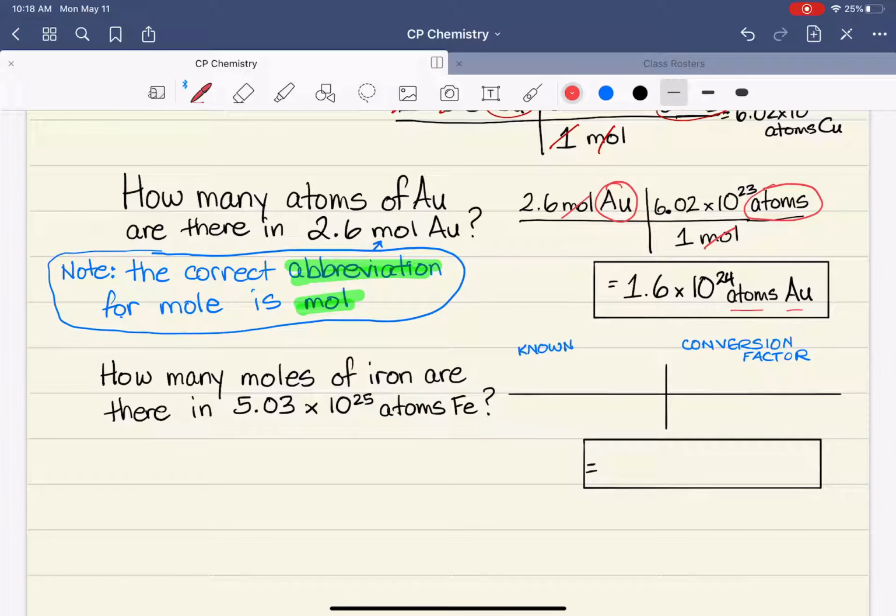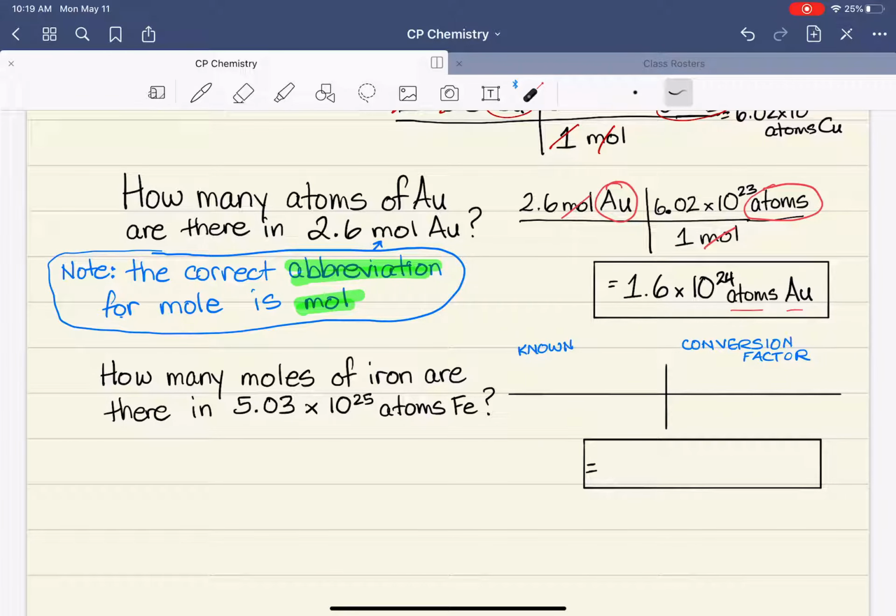Now I put this into a calculator, 2.6 times, and I remember my scientific notation here, 6.02 second EE 23, or if you're using a Google calculator or the calculator on your phone, it might have slightly different keystrokes. You can always look that up. So 2.6 times 6.02 times 10 to the 23rd. Now we're working in two significant figures, so our answer will be 1.6 times 10 to the 24th atoms of gold.